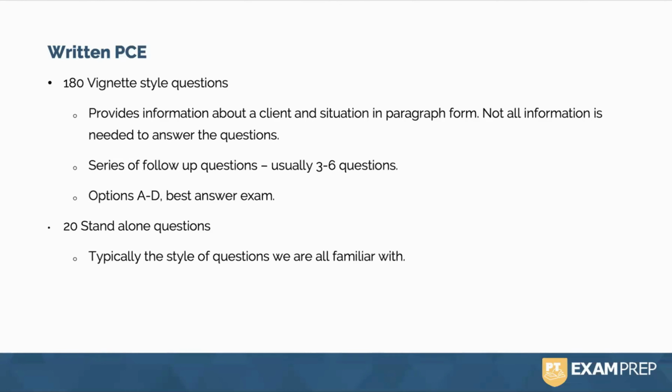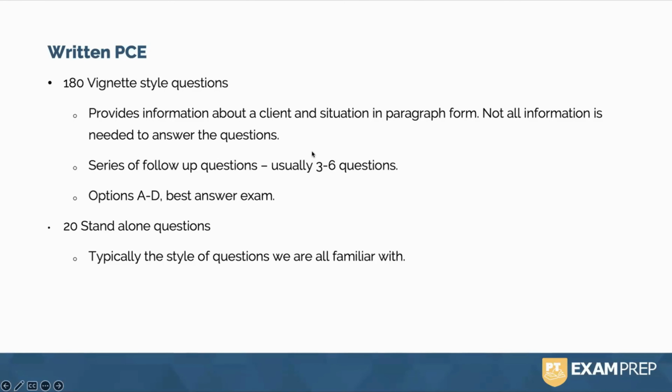I'm going to pause to let you soak in that you understand what best answer means, because this is what makes this exam a doozy: all 4 answers could be right, but one is going to be the most correct. That's what makes it difficult. It's a huge component of our course, teaching you how to figure out the most correct answer.